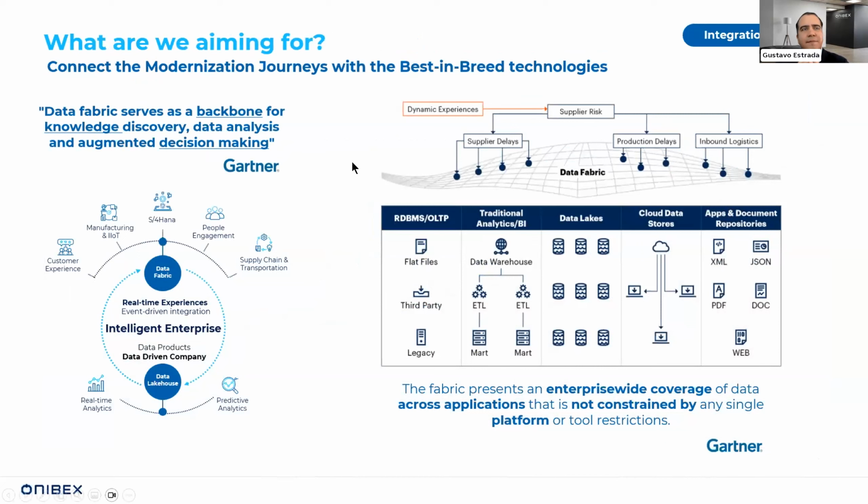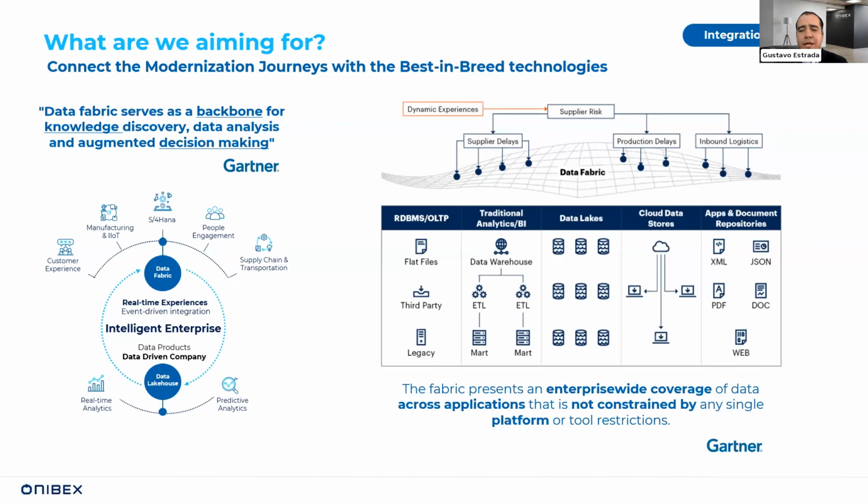So this concept of data fabric is fairly new compared to other concepts that have been there for years and decades. So what Gartner says about a data fabric is that it's the backbone for knowledge discovery and decision making. And the attributes of a data fabric is that it needs to be enterprise-wide, across applications, and not constrained by platforms.